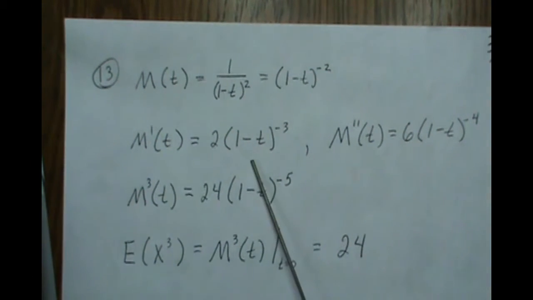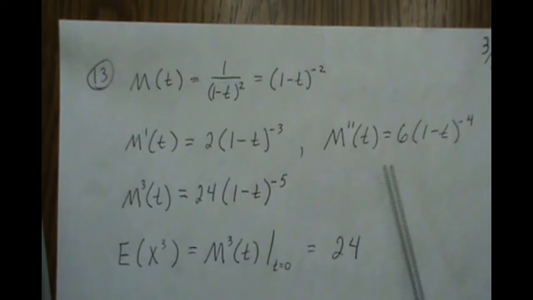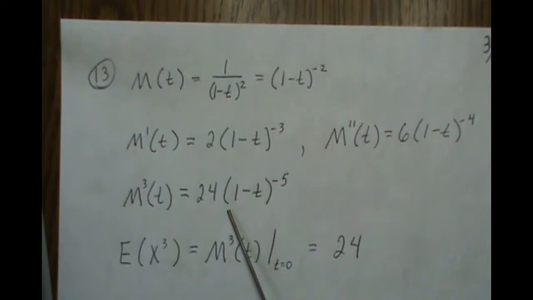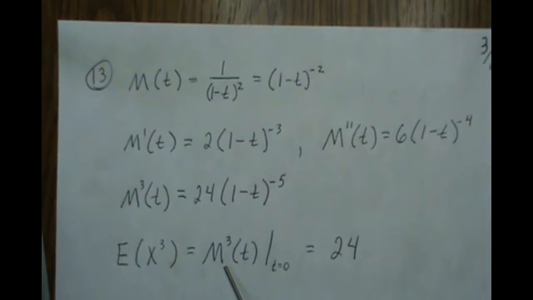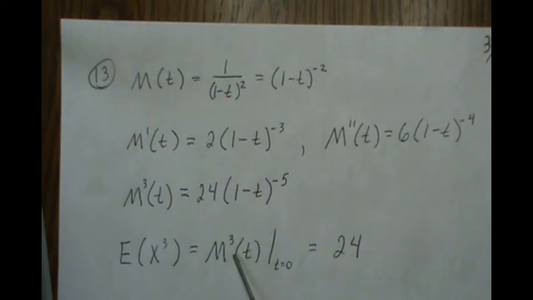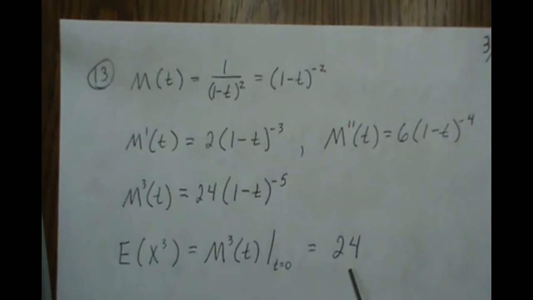So we take the first derivative, the second derivative, the third derivative, and so the expected value of x cubed is the third derivative of the moment generating function evaluated at t equals 0, which is 24.